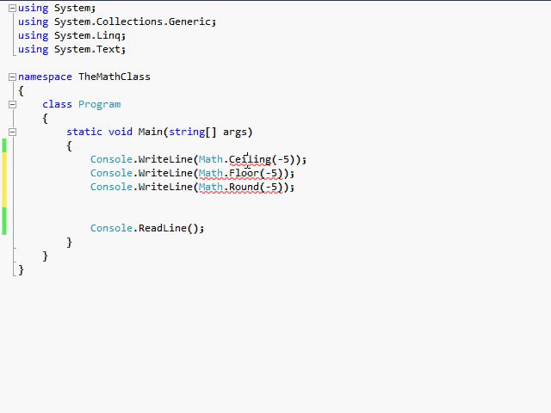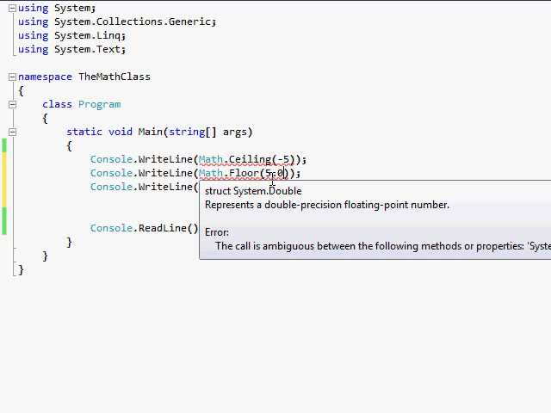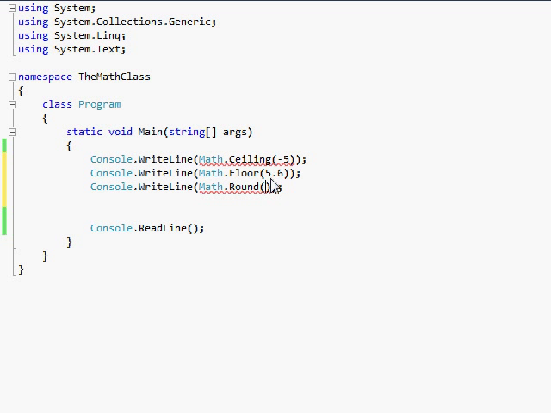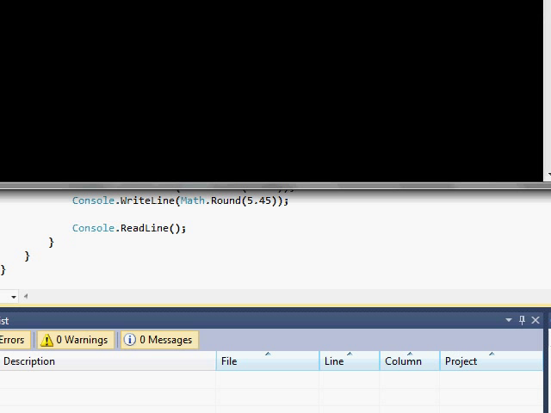I before E except after C, guys. 5.0, let's see, 6. Let's do 5.6 for that one. And then for this one, let's do 5.445. Let's copy this, do 5.545, and this one do 5.0001. And let's run this.